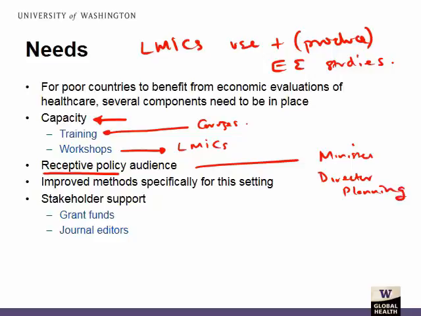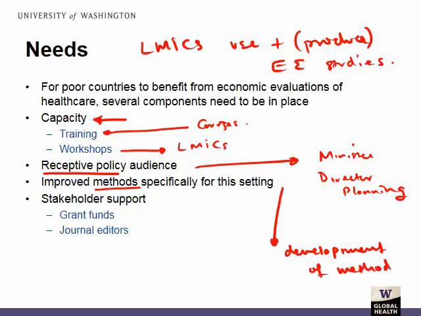The other need is improved methods. Methods haven't been developed for doing analysis in the low-income setting. So development of methods is also another need. And finally, we have stakeholder support.